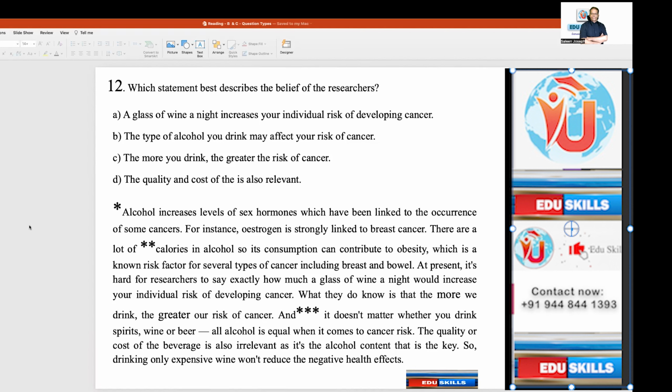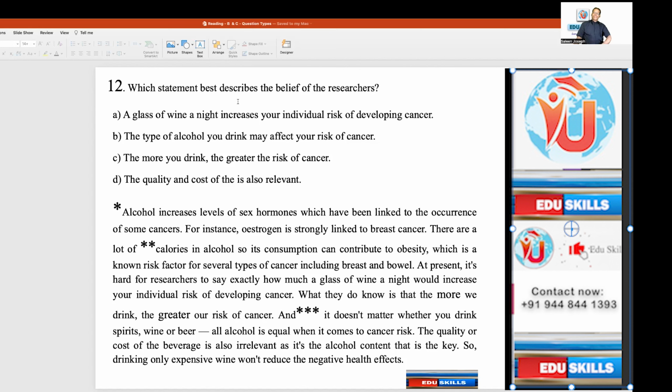What they do know is that the more we drink, the greater our risk of cancer. And it doesn't matter whether you drink spirits, wine or beer, all alcohol is equal when it comes to cancer risk. The quality or cost of the beverage is also irrelevant, as it's the alcohol content that is the key. So, drinking only expensive wine won't reduce the negative health effects.